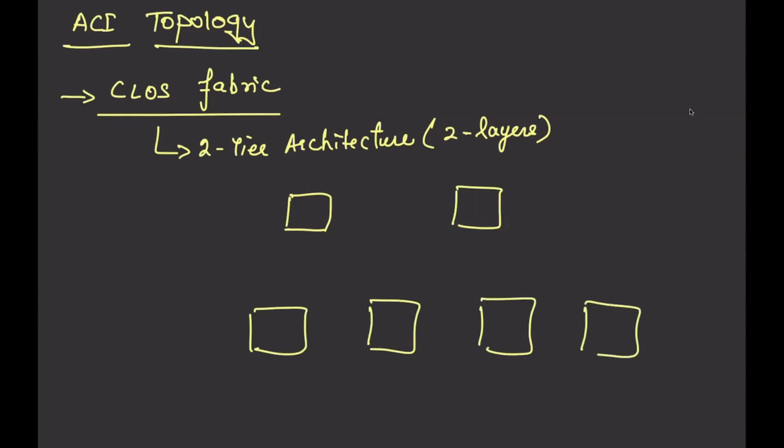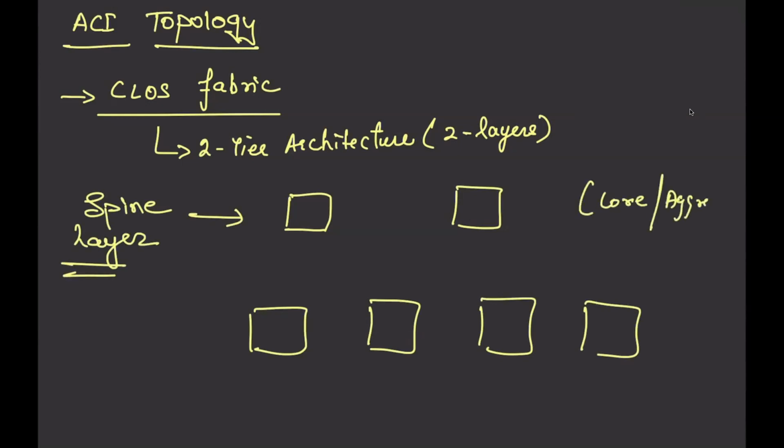So the first layer is known as the spine layer. Okay, which is going to represent the backbone. If we compare it with the three-tier, then you can assume it like core and aggregation. The second layer which is going to be there is your leaf layer, which is the access layer.